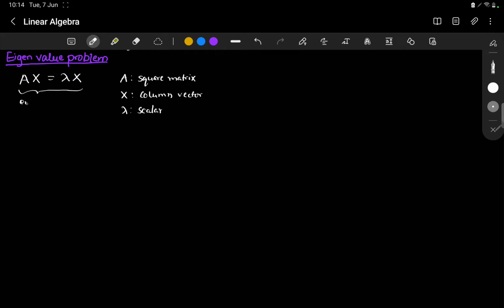And over here X is called the eigenvector of A corresponding to the eigenvalue lambda.